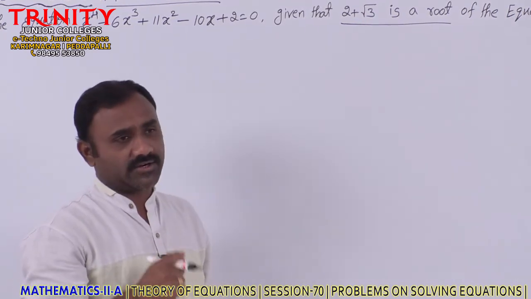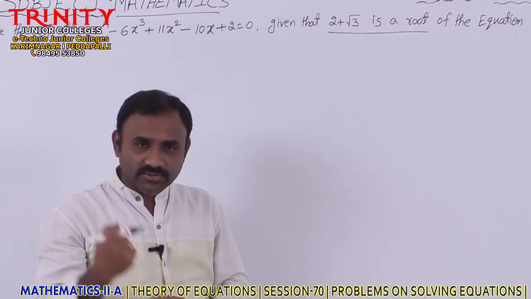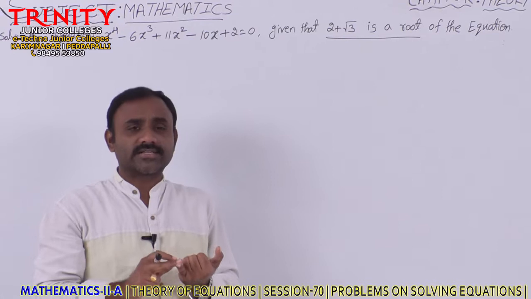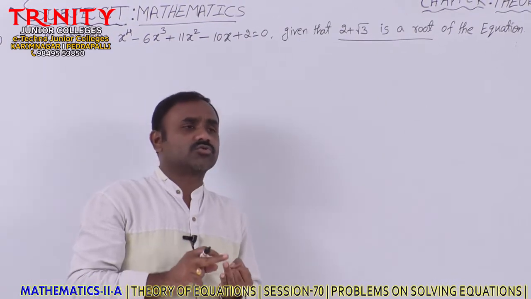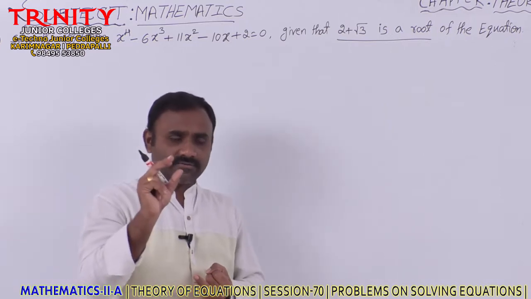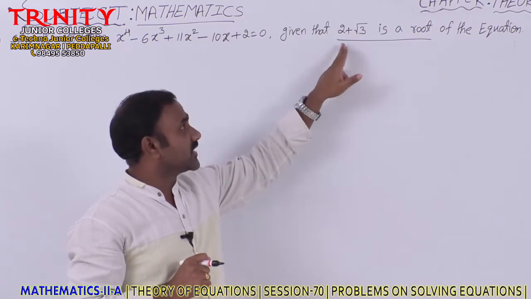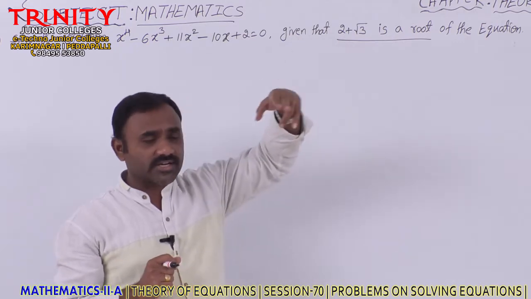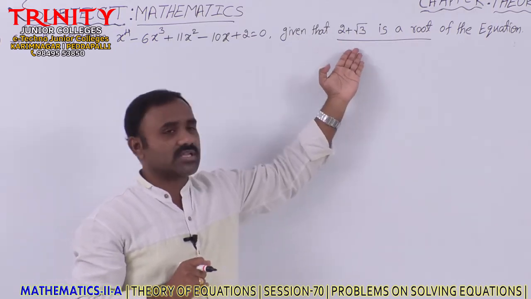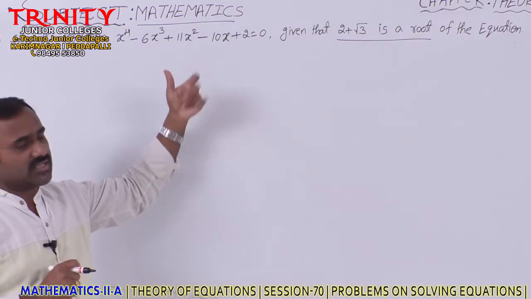The roots will come pairwise, if the root is irrational or imaginary, means if it is a complex number or a surd. Therefore, a plus root b is a surd, which is an irrational root, so its conjugate 2 minus root 3 is also a root of this equation.